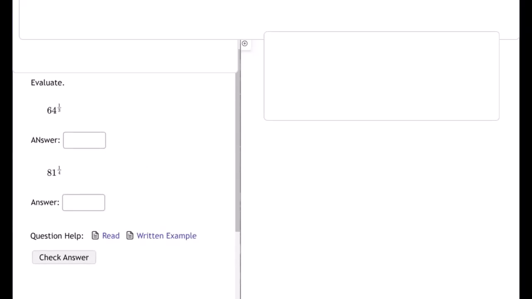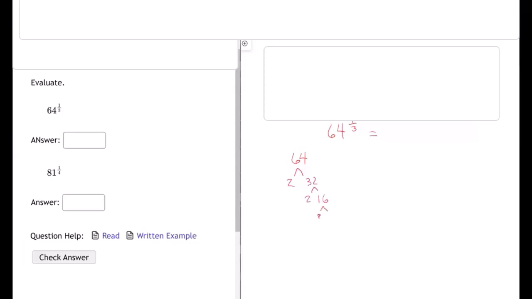Now we have 64 to the 1/3 power. Well, 64 is equal to 2 times 32, 2 times 16, 4 times 4, 2 times 2, and 2 times 2.